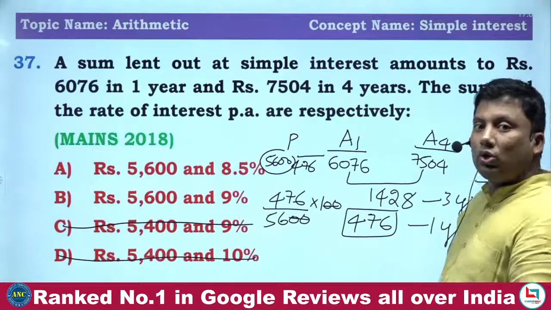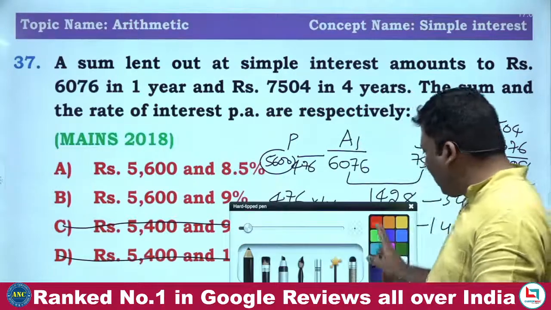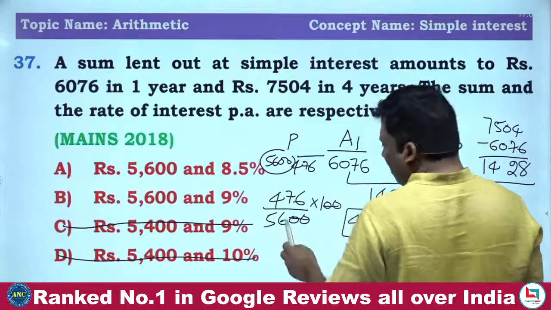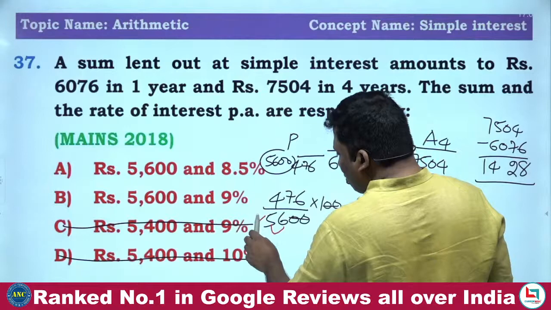Listen, please do not waste your time in doing 476 by 5600. You can use a digital sum also. 5 plus 6 is 11. 11 digital sum is 2.